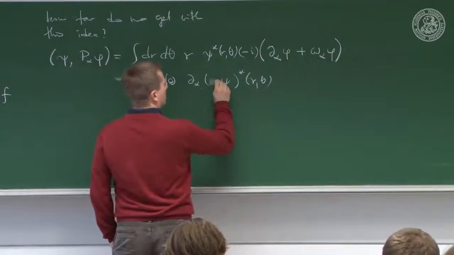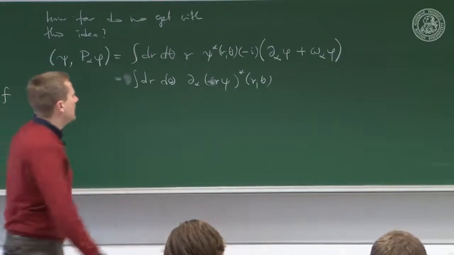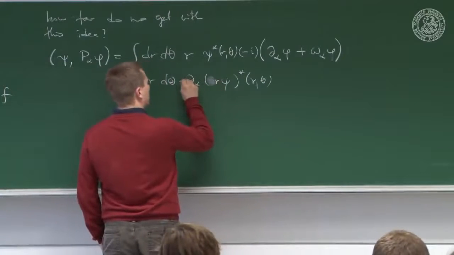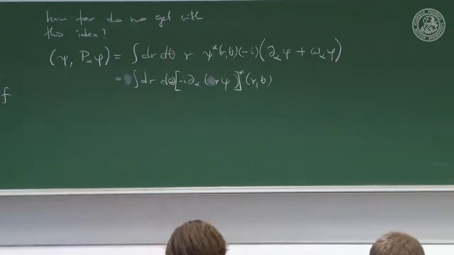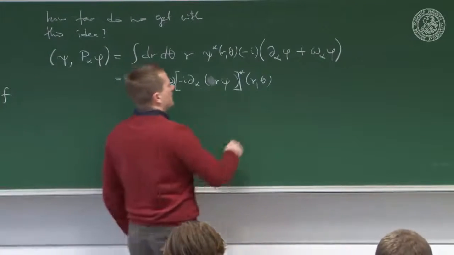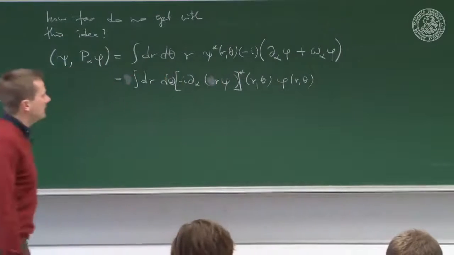Okay, so we pull the I in here again. That's a minus I, I'm sorry. I pull the I here and we do this. It's the same thing. And then the phi is free of any derivative action.